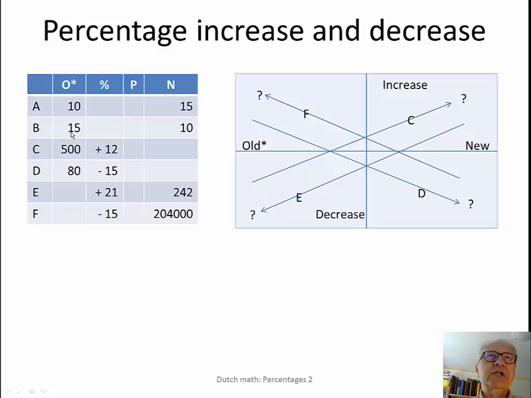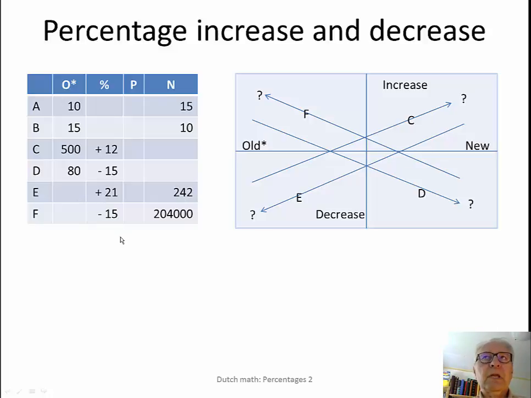The second situation, old 15, new 10, and again the percentage was not known. In the third, you had an addition of 12%, a decrease of 15%, and then here the last 2 was that you knew the new value but not the old one, and you knew what the increase or the decrease was.